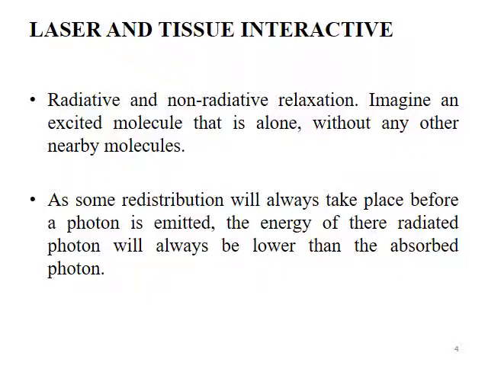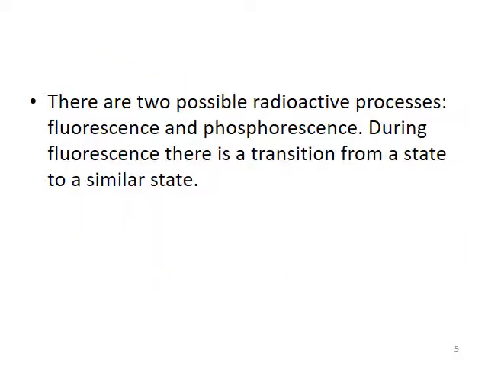If the radiative lifetime of the molecule is shorter than the redistribution time, then it is likely the photon will be emitted before the process of intramolecular redistribution has completed.